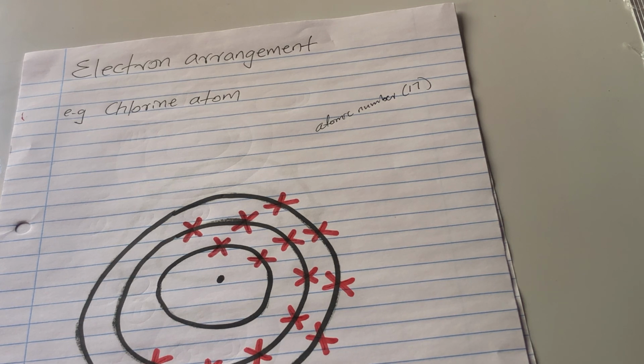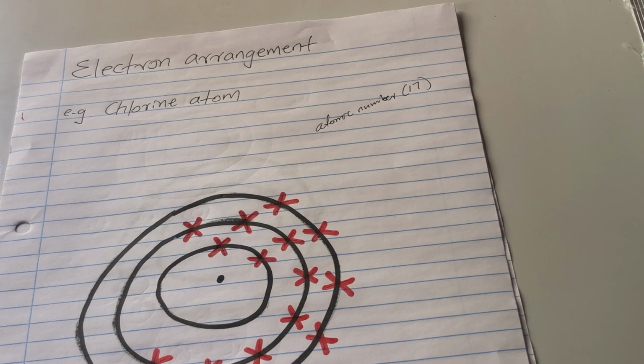It means that in order to fill this shell, we need 1 electron to fill the third shell in this chlorine atom. So I've already said that the electrons that are found in the outer shell are called the valence electrons.